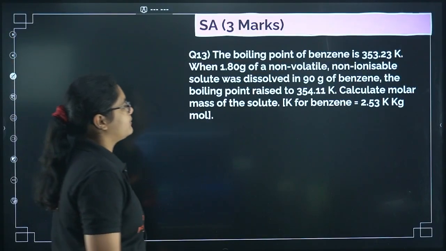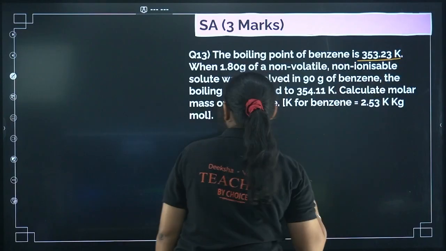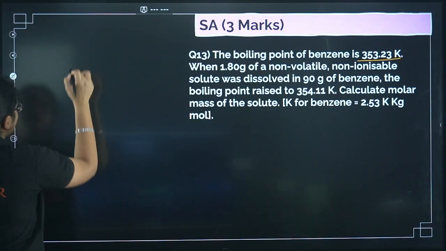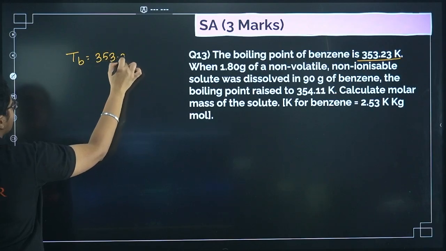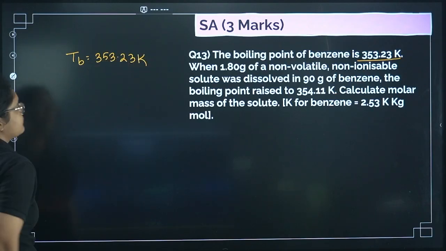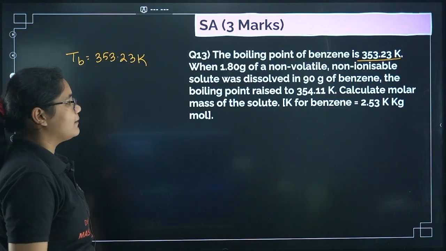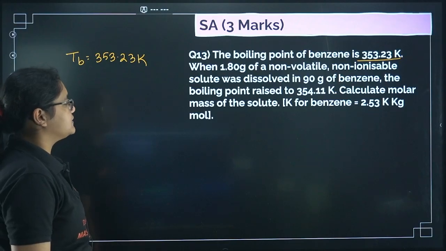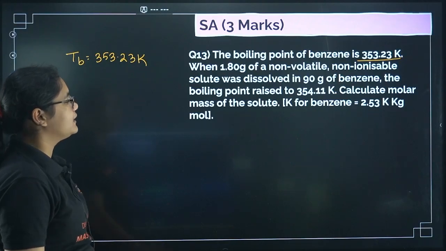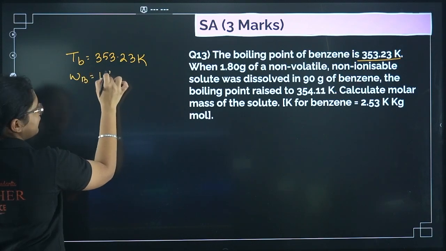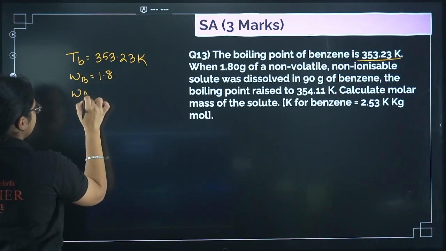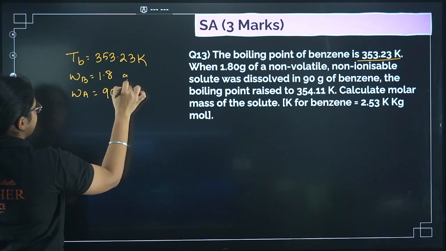The boiling point of benzene is 353.23 Kelvin. Let us note down the value. Tb is 353.23 Kelvin. When 1.8 gram of a non-volatile, non-ionizable solute was dissolved in 90 gram of benzene. So the mass of the solute is 1.8 gram, mass of the solvent 90 grams.